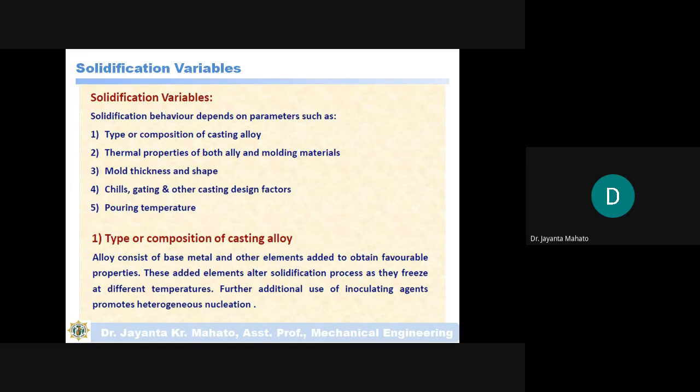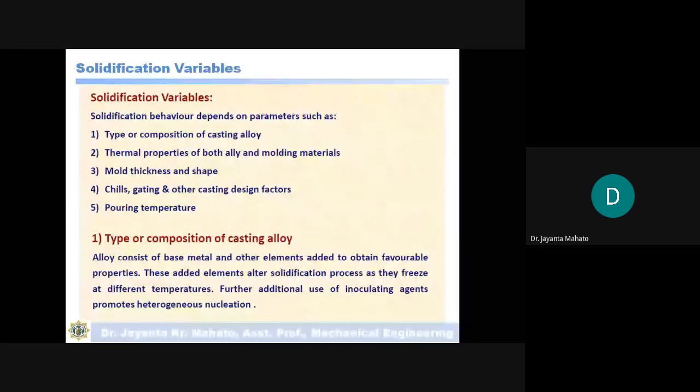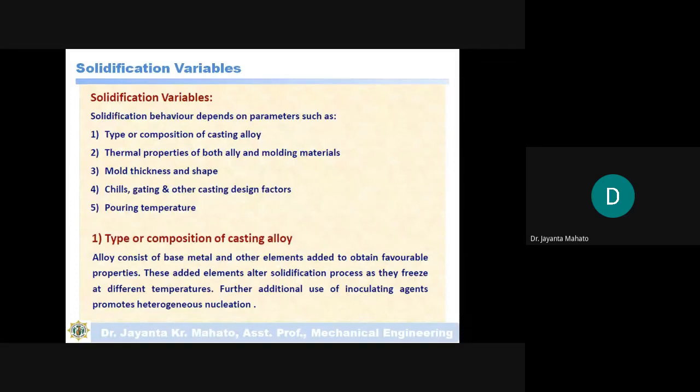Another one is the thermal properties of both alloy and molding materials. This is also important: thermal properties of both the alloy and the molding material, meaning the material by which the mold is made. If the thermal conductivity of the mold material is high, high heat transfer will occur. If high heat transfer occurs, then the solidification rate will be higher.